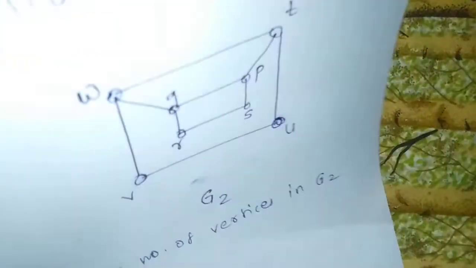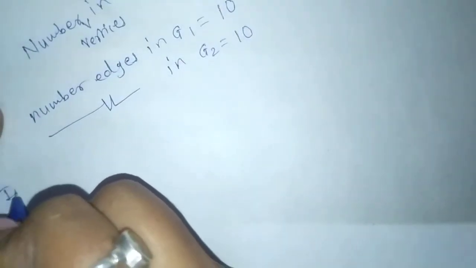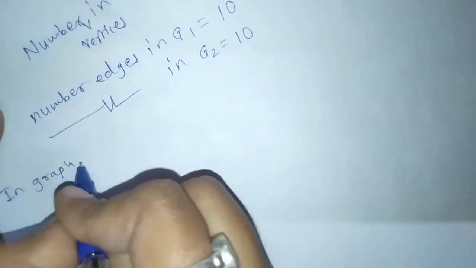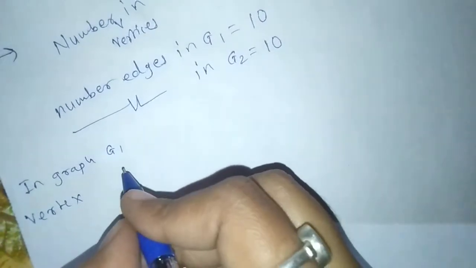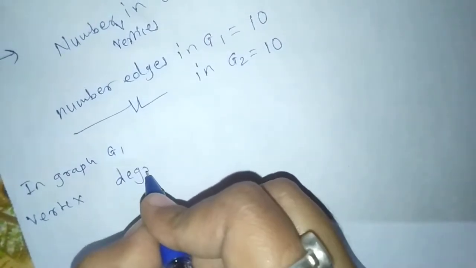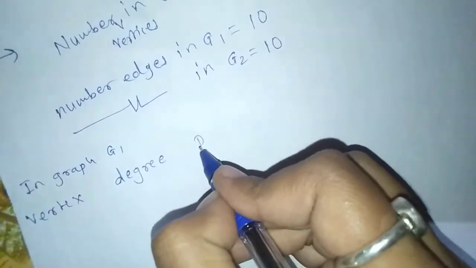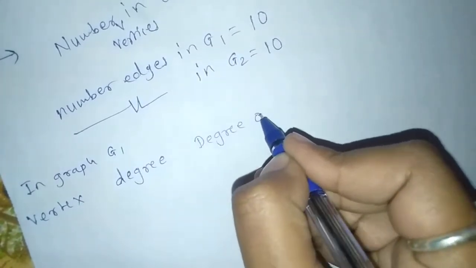Now in graph G1, form the table. First vertex, next degree, and next degree of adjacent vertices.